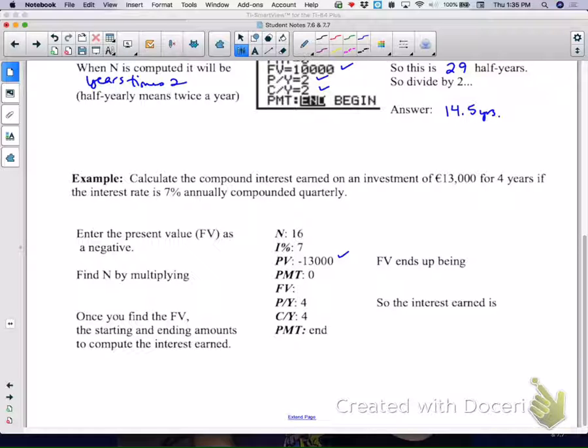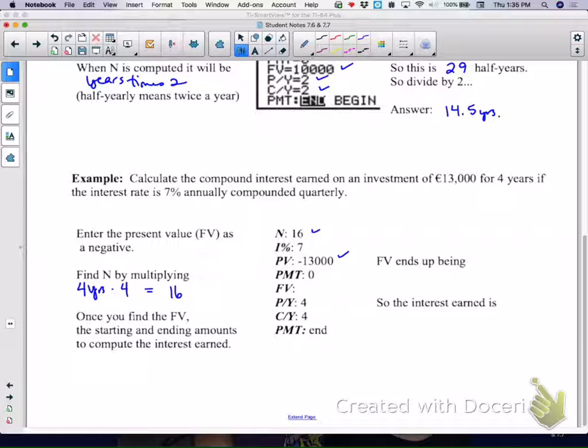My N, I'm going to multiply 4 years times, let's see, we're compounding quarterly times 4, so that's going to be a 16. Now, once we find our future value, which is kind of what they've asked me to find, they actually want to know how much interest we've earned.